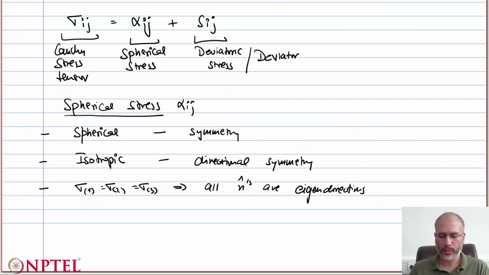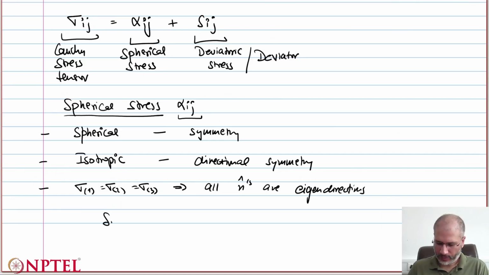So let's look at the last one, where we say that all directions are eigendirections. This basically means that the spherical stress tensor alpha ij is an isotropic tensor, which also means that all directions n hats are eigendirections, because for an isotropic tensor, all three eigenvalues are the same.